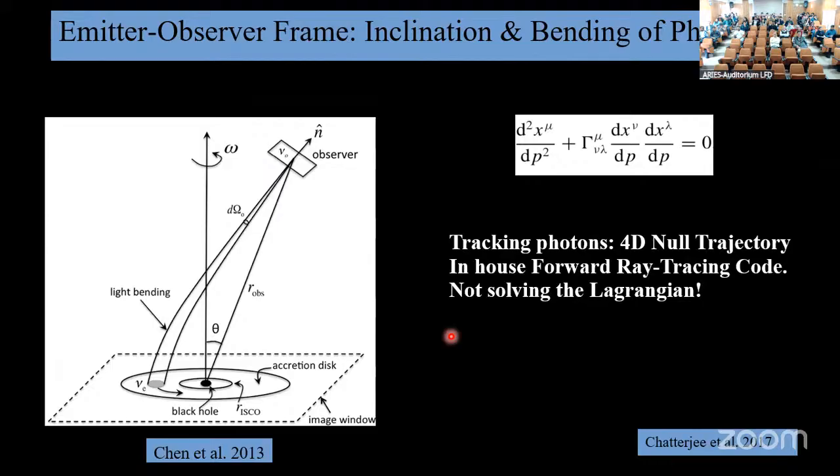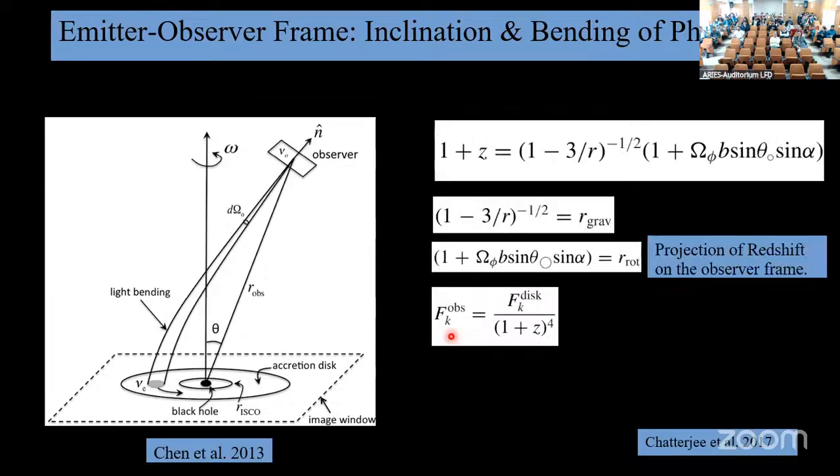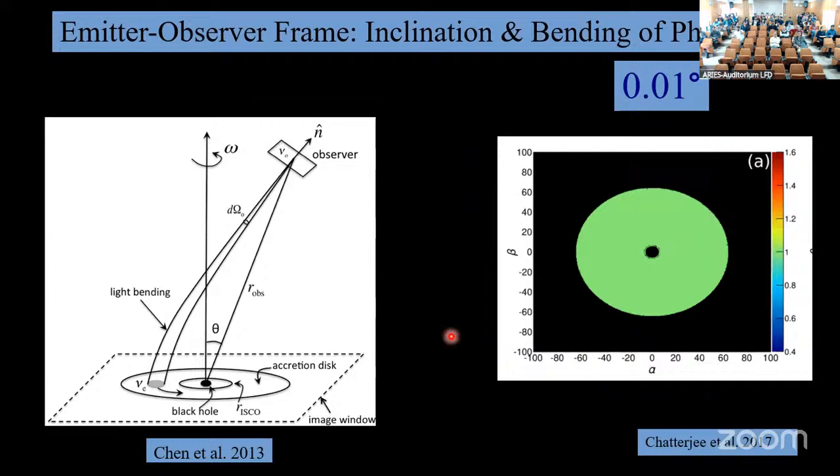So there could be spectral variation, there could be temporal variation. We have incorporated these relativistic corrections, and for nearly zero inclination, 0.01, because you cannot do numerical simulations with zero actually, it will create some bizarre results.